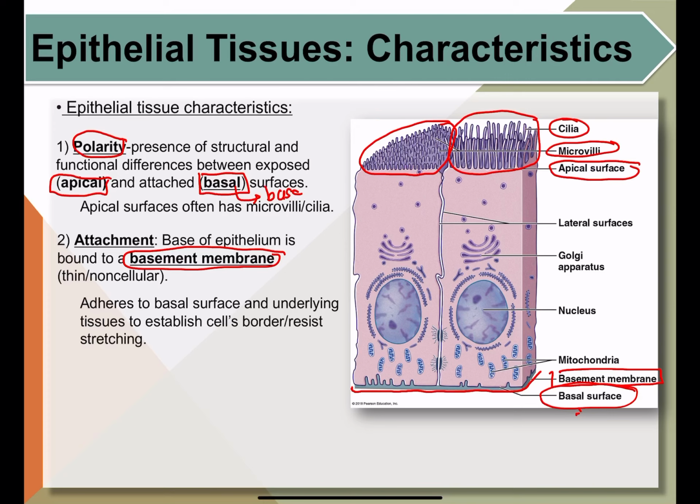This is a thin non-cellular layer, and it serves as a means of connection to the next layer below and resists overstretching of the cell, because these epithelial cells are a lot of times serving the purpose of protection or maintaining fluid within a hollow organ. So you can't have these cells falling apart whenever they want. And that's why this basement membrane is kind of serving like a little layer of glue that makes sure all the cells stay together. Okay.